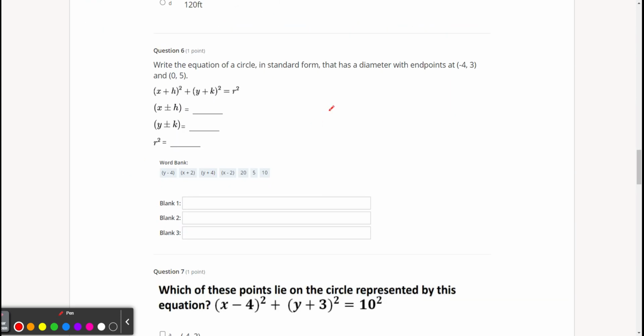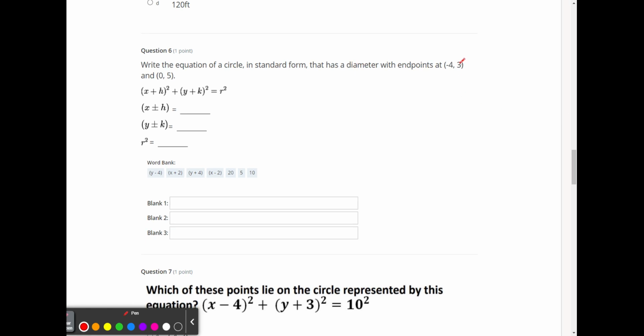On these, guys, you need to put these in Desmos. Desmos is your friend. Okay. So I'm going to put -4,3 and 0,5 into Desmos. I can also, well, let's do that first. So 0,5, and what was the other one? -4,3.